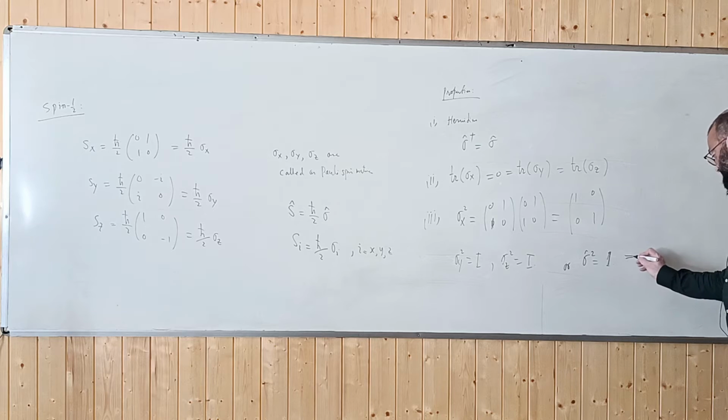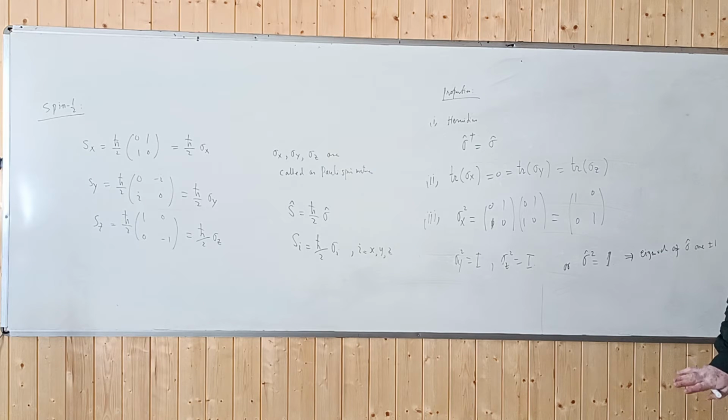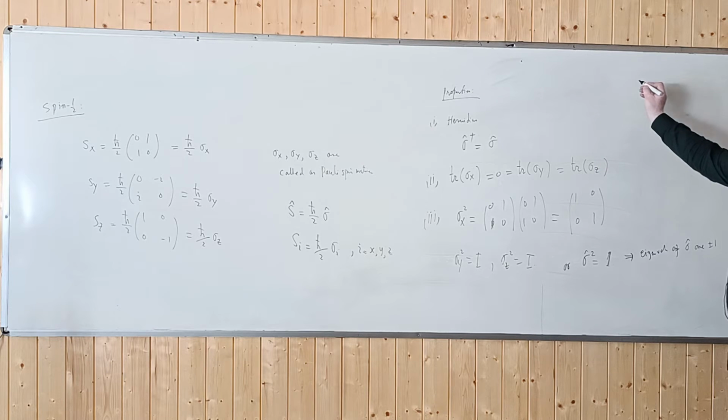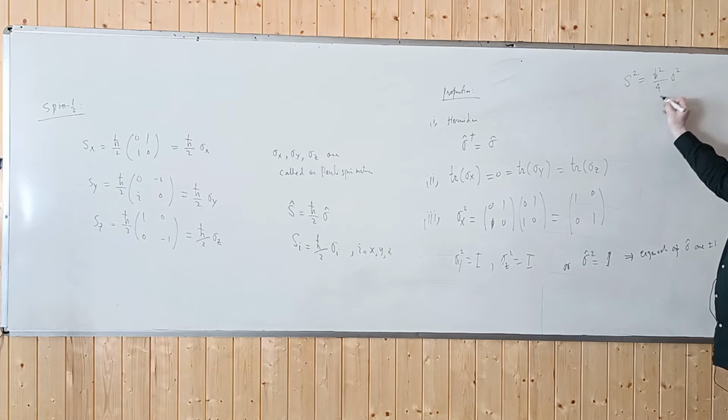So it implies, therefore, what are the eigenvalues? The eigenvalues of sigma are plus minus 1 for all sigma x, sigma y, sigma z. Clear? Okay. So in other words, if I take for a spin half particle, S square will be simply h cross square by 4 sigma square.